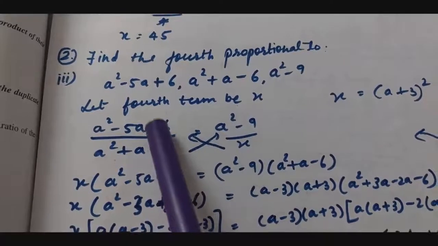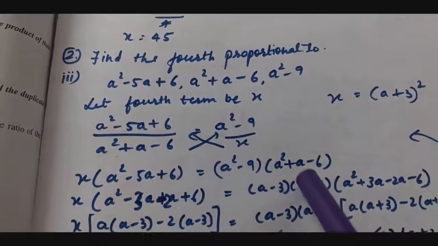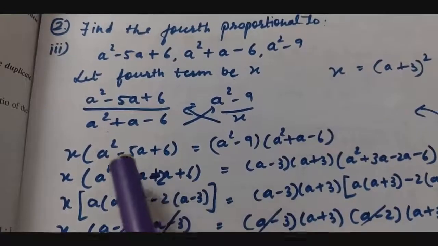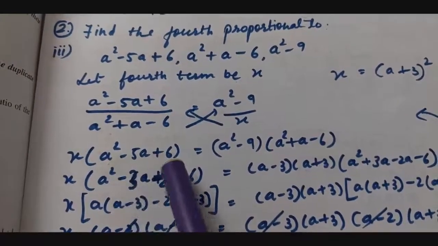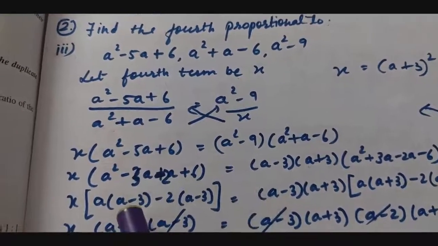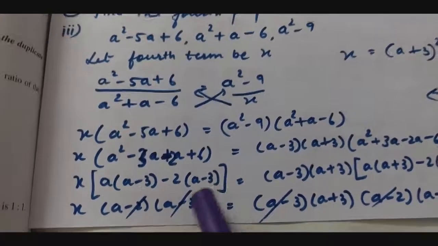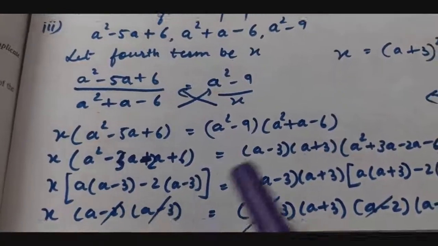So x with this, and a square minus 9 with a square plus a minus 6. Take the factors of this: minus 3a minus 2a, so you get a common, a minus 3 minus 2 common, a minus 3. These are the factors.